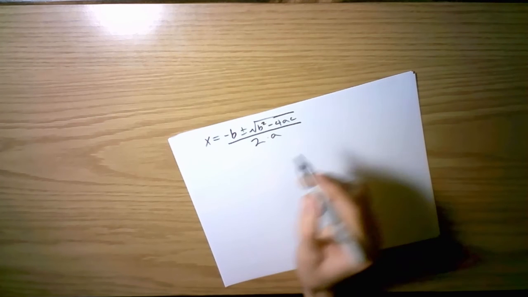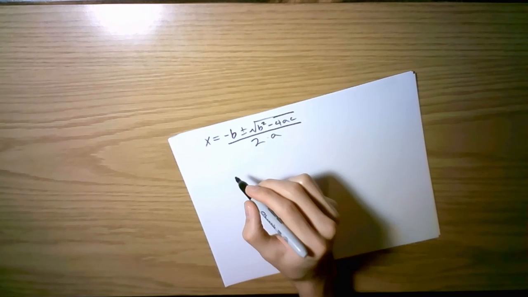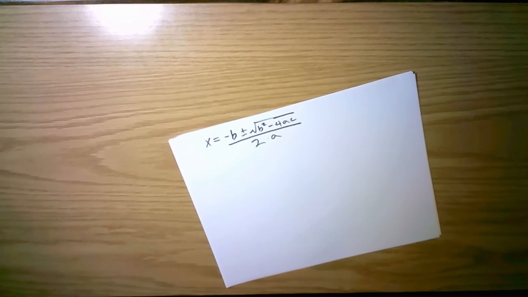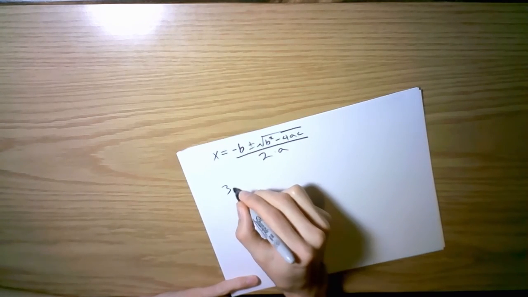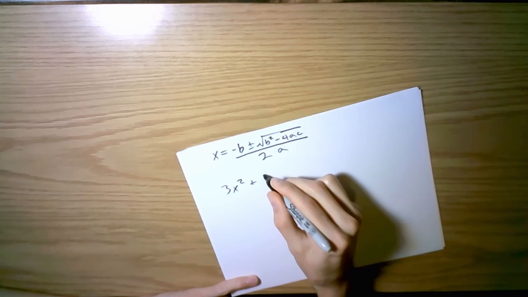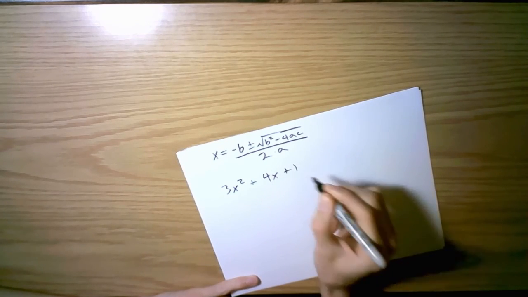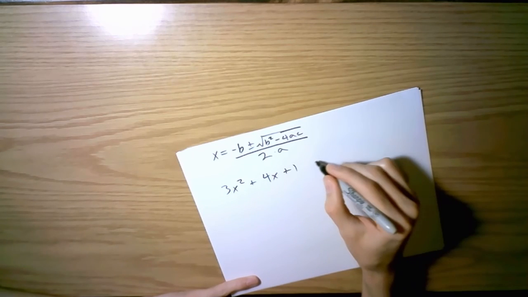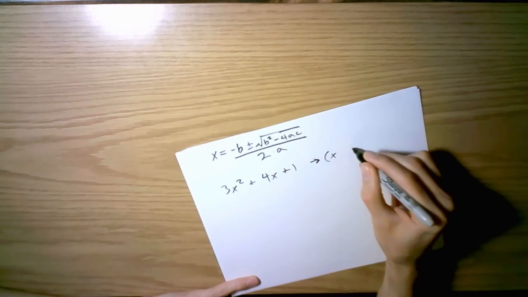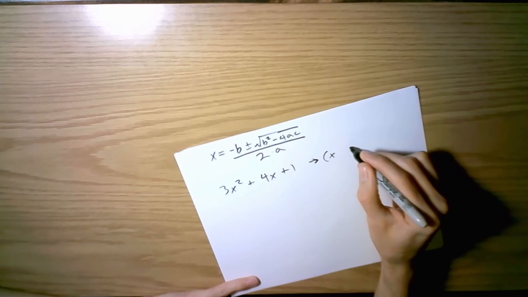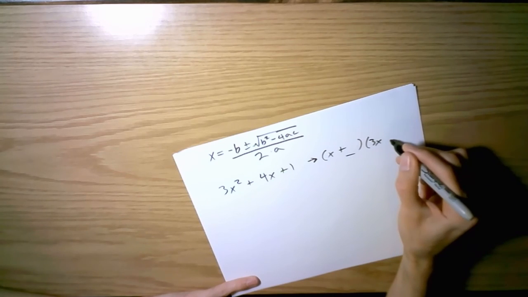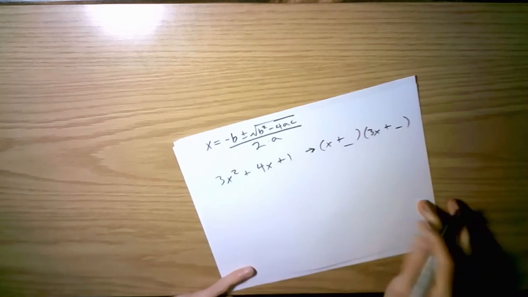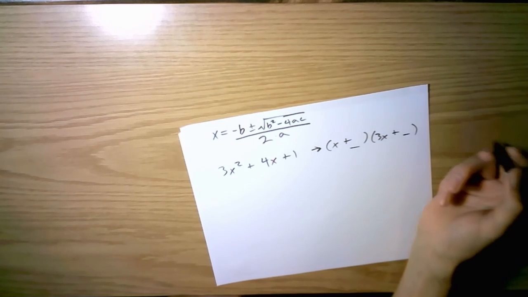Basically, what this helps you do is factor functions. Let's say you have a polynomial like 3x squared plus 4x plus 1, and you're trying to factor this into 2 binomials, x plus something times 3x plus something, and you're trying a bunch of numbers, but you really can't get it.